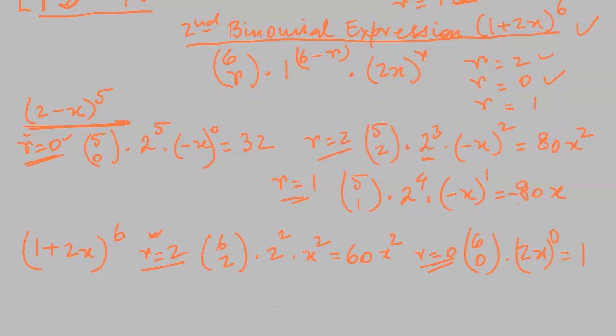And what is remaining? r is equal to 1. 6C1, 1 raised to the power of 6 minus 1, that is 1, and 2x raised to the power of 1, that is 2 raised to the power of 1 and x raised to the power of 1. nC1 is equal to n. Therefore, 6C1 is equal to 6. 6 times 2 is equal to 12. So, this is equal to 12x.